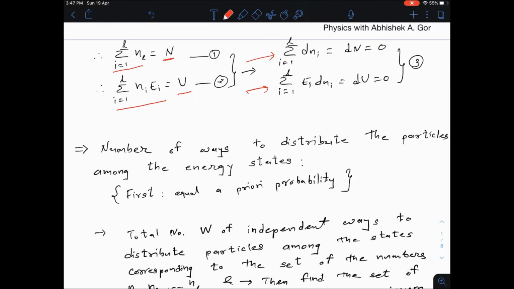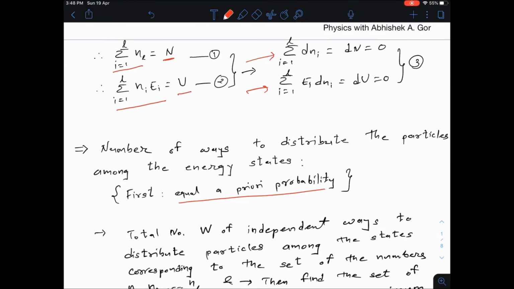Now what we are going to begin with is the postulate of equal a priori probability. Equal a priori probability tells us that each state or cell is equally likely to be occupied.